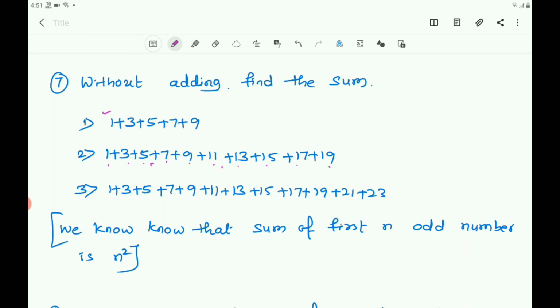We know that the sum of the first n odd numbers is n square. There is a relation to find the sum of the first n odd numbers. If there are 3 odd numbers, the sum of the first 3 odd numbers is 3 square. If there are 10 odd numbers, the sum of the 10 odd numbers is 10 square. In this way you can use that relation here.